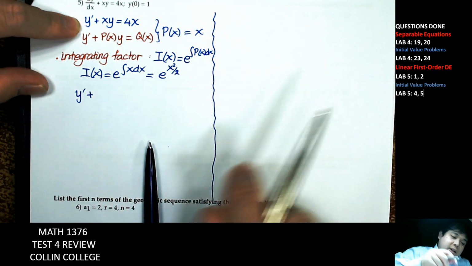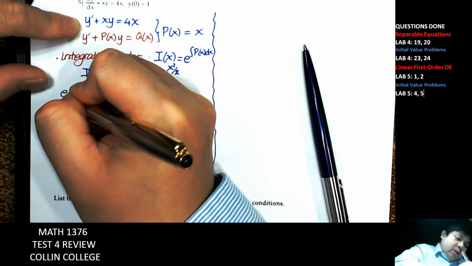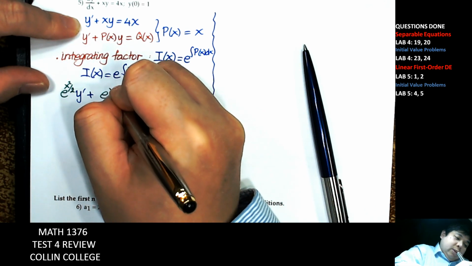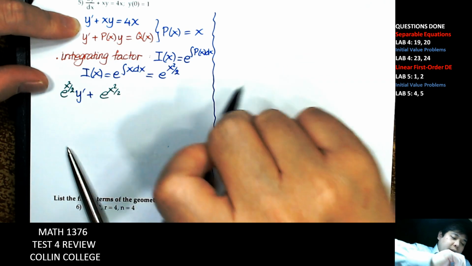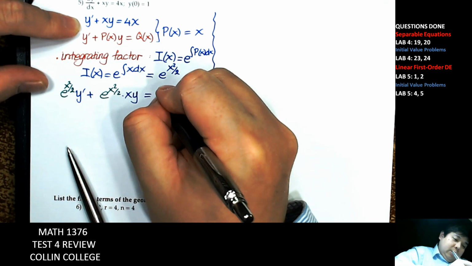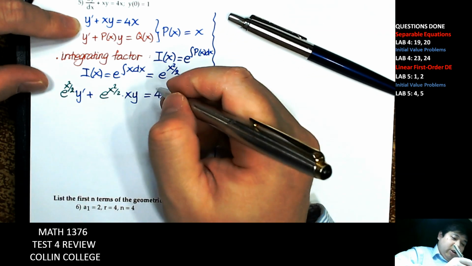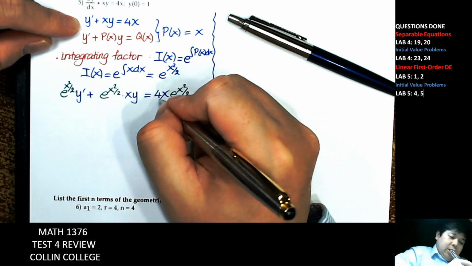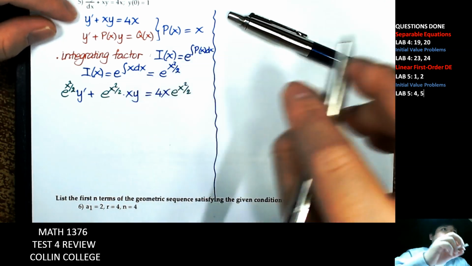So I multiply e to the x squared over 2 to this term, and x squared over 2 on that side.